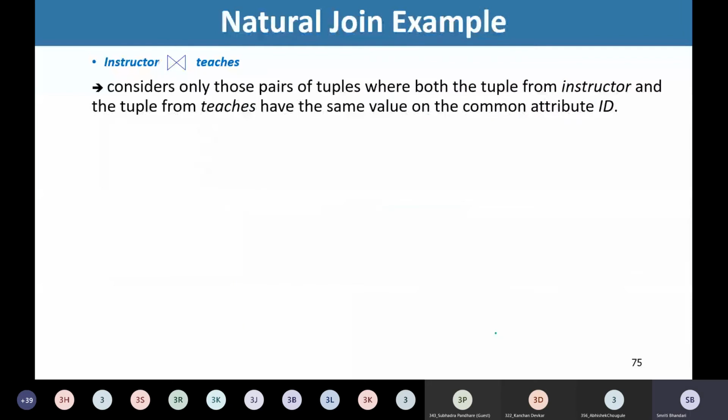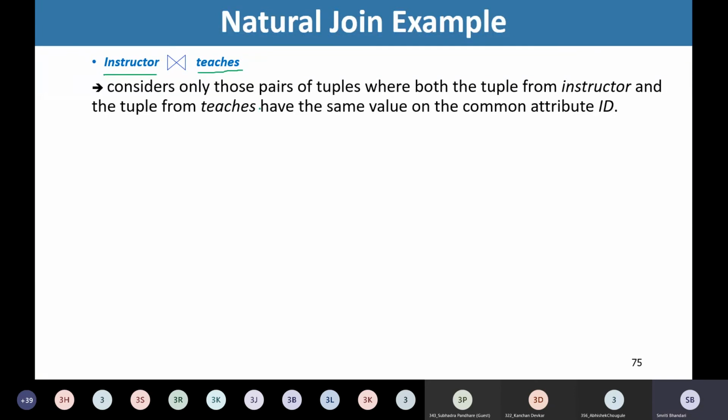Yes, ma'am. Let us see one example of natural join from our university schema. If we perform natural join of instructor and teachers, what will happen?